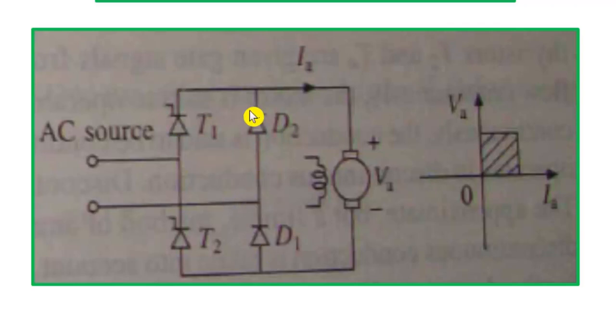Then in the negative half cycle, current will flow in this direction, this, then back to this. Now one thing you can observe here, that compared to the previous circuit, here only one quadrant operation is possible.